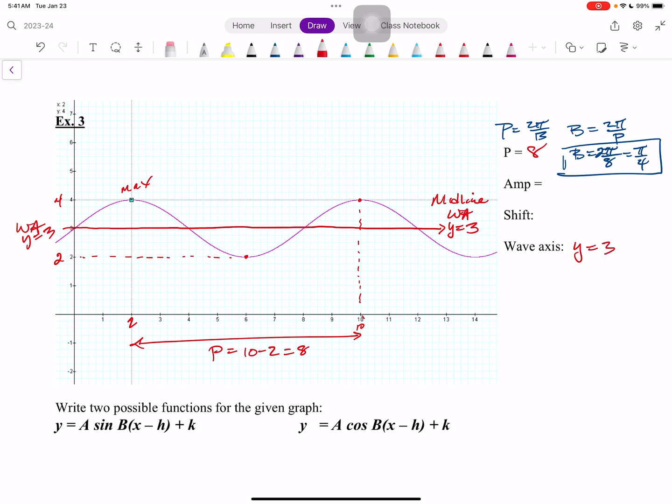The question is, what's your shift? Okay, so now you start with the sine function. Every time you're given a graph here, you can write 2 possible functions given the graph. So let's start off with the shift for sine. Now sine typically starts at the origin. So sine starts here typically, untranslated.